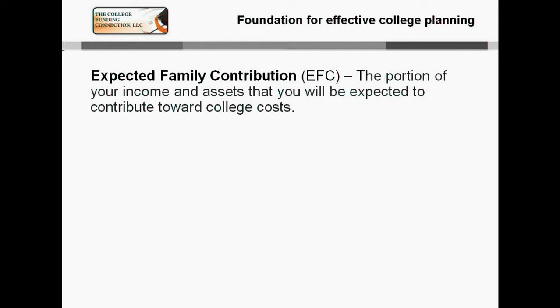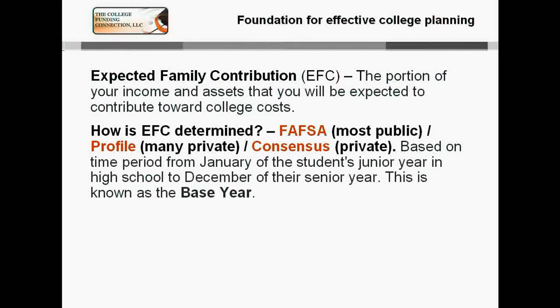They're going to look at the result of the FAFSA, which is the federal process through the Department of Education. And then they may also, in addition to FAFSA, use institutional calculations. And those include a couple others. We talked about FAFSA, but the institutional calculations, which are used by private institutions or colleges, include the CSS Profile.